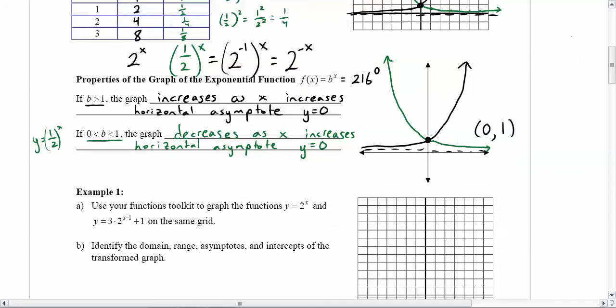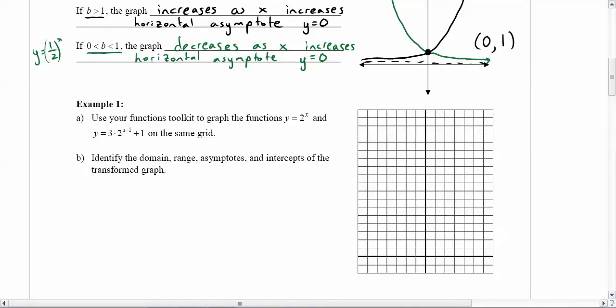So now we're going to use our transformations to be able to draw all sorts of variations on exponential functions. So we can use the graph of 2 to the power of x to draw the graph of 3 times 2 to the power of x minus 1, plus 1. Now, if I wrote this in function notation, this is the same as, let's see, how did I change x? x became x minus 1.